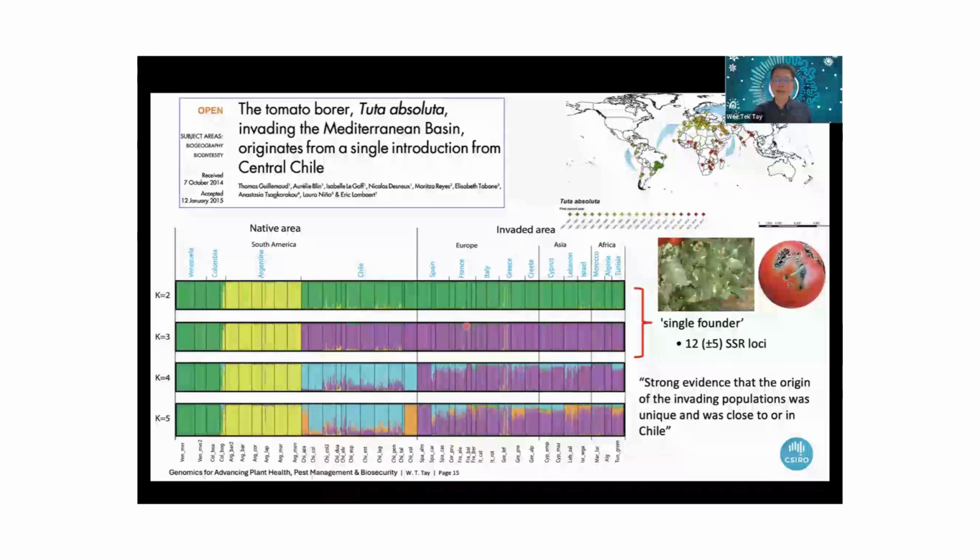So this is what we'd expect to see at the nuclear level. This, however, is based on microsatellite loci, either 12 or 7, because there are 5 markers that are problematic, which I'm going to talk about a bit later. But for now, the purpose is to demonstrate what a single founder would look like.